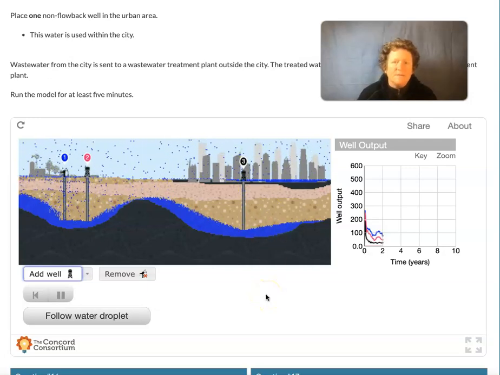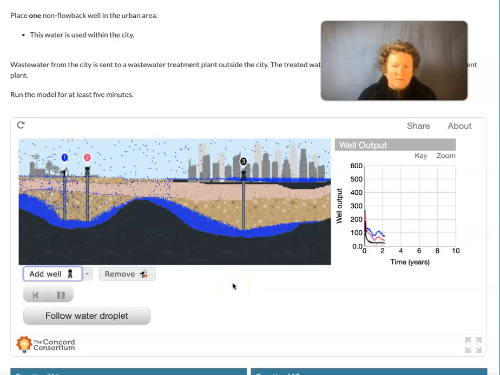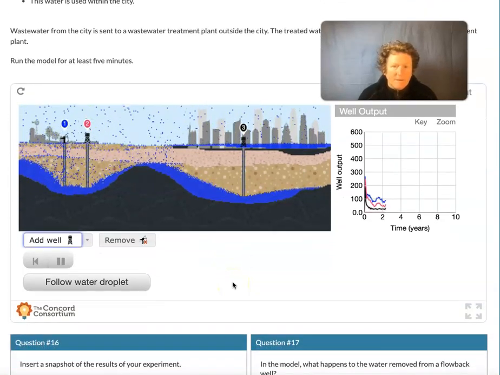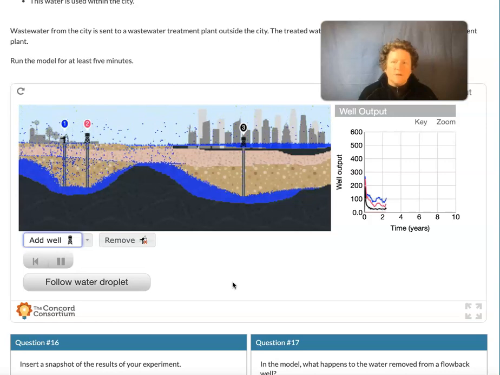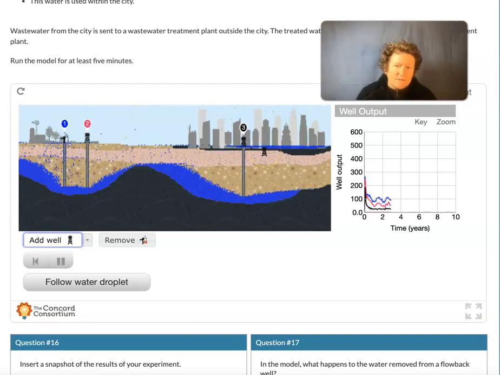And so it's not being sent back into that aquifer. And eventually that aquifer is going to become depleted because it's not getting recharged with the water that's being pulled out. And you can look at some of the runoff here off the pavement in the city, the impermeable surfaces.